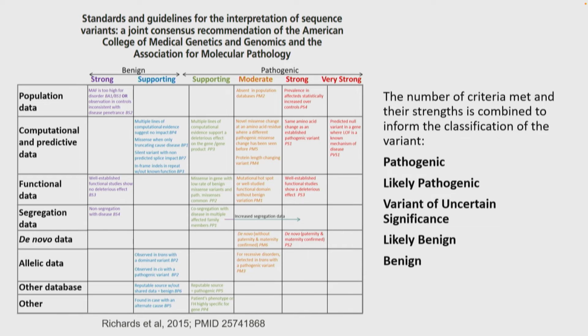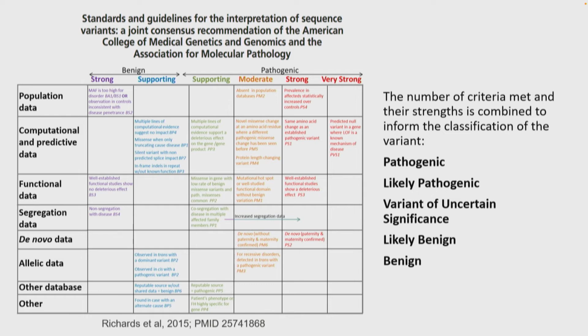ClinGen's variant classification process is based on guidance that was published in 2015 by the American College of Medical Genetics and Genomics and the Association for Molecular Pathology. So this guidance is now affectionately known as the ACMG criteria. And what it did was to outline different types of data that can be used when you're trying to evaluate whether a particular variant is causing disease or not.